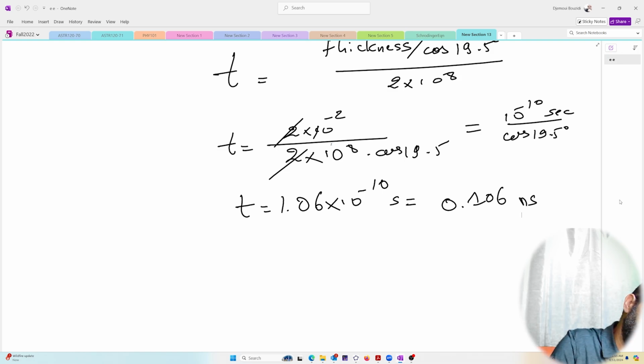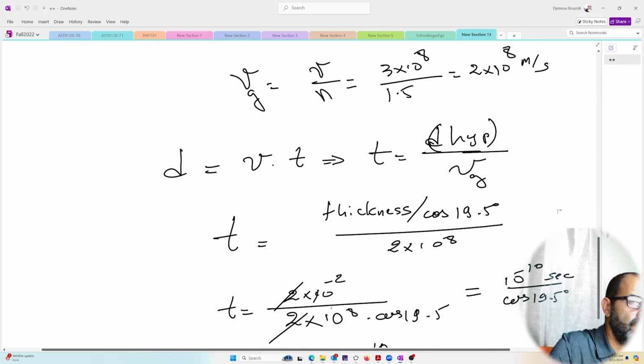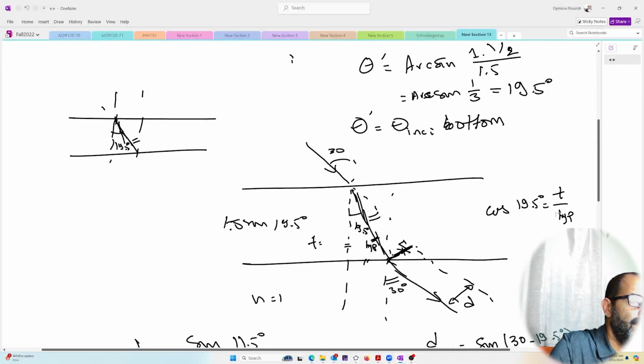If the travel time through the block is affected by the glass, it should not be affected, because if there was no glass, it would take this path to emerge from the other side.